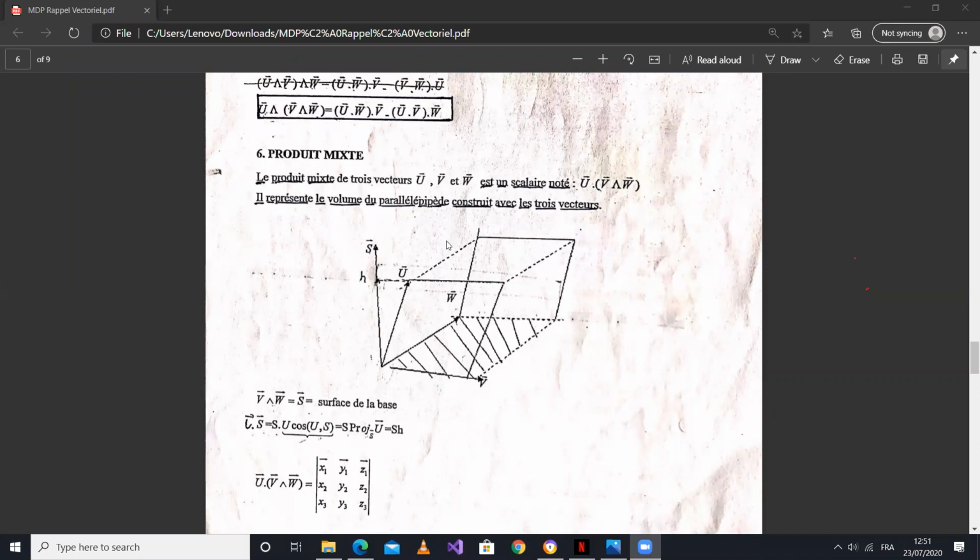Okay, I was saying the reason why the product mixed gives us a scalar is because the final operation we are performing in this operation of the product mixed is the product scalar, because from mathematics we learn that we are supposed to begin with what's in the brackets. So we'll begin with the product vectorial, and the product vectorial will give us a vector as a resulting answer.